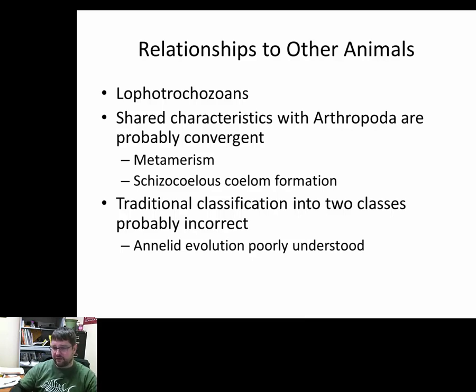But classifying organisms in annelids has proven difficult, and they're often classified based on maybe a single morphological feature, whether or not they have parapodia or not. This is difficult to say the least. So you're probably going to see in the future that annelids get a makeover in classification, because the evolution is really poorly understood right now since we don't have enough information.